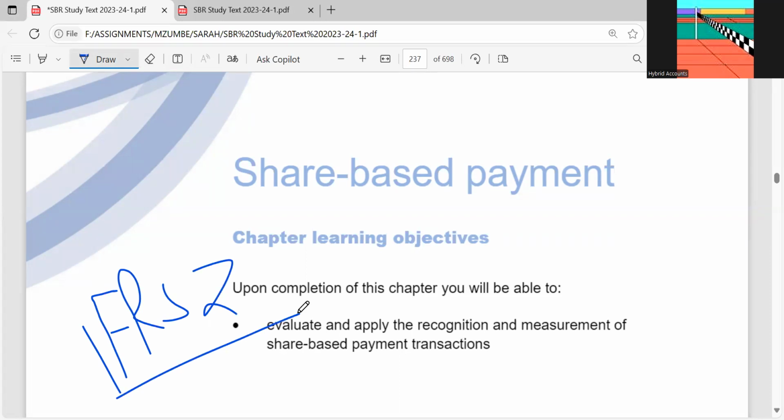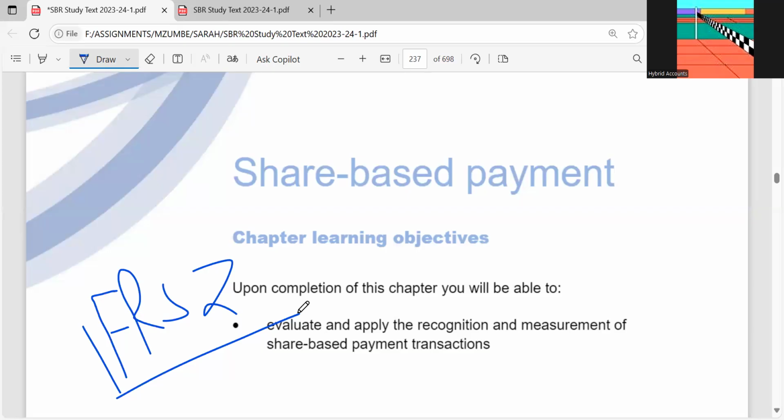Whatever standard you study, you need to know the main aim of doing this, right? By share-based payment, what do we mean? There are people who provide services, or maybe even goods, to the company, but they are not paid cash. Maybe they are paid in cash, but it may be based on shares. Or sometimes they may just be provided with shares.